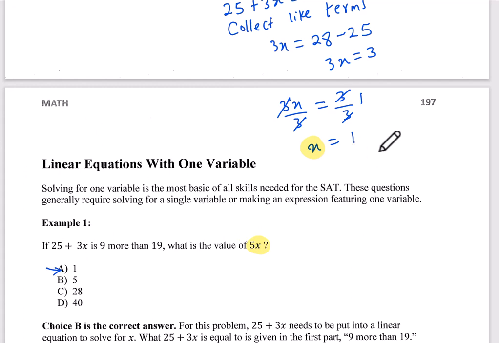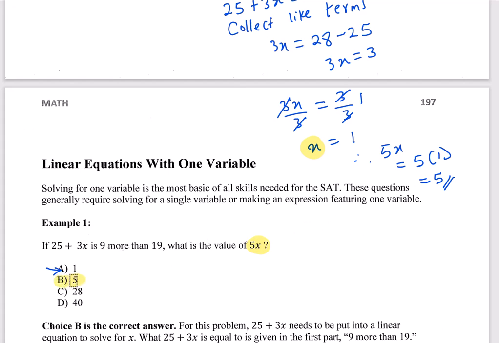So 5x is equal to 5 bracket x. And what is x from our calculation? We said x is 1. So 5 multiplied by 1, because bracket means multiplication, is the same thing as 5, and our answer is 5. So the right option here is B.